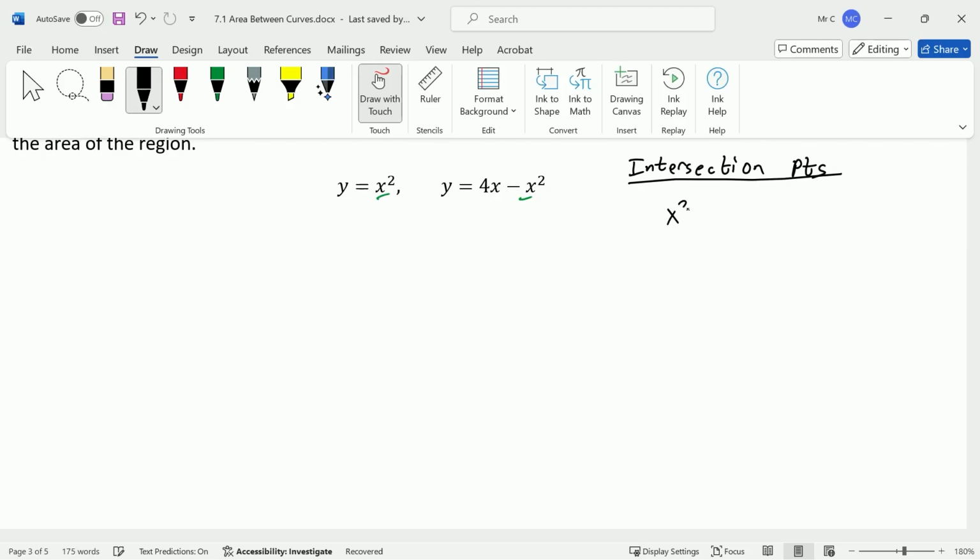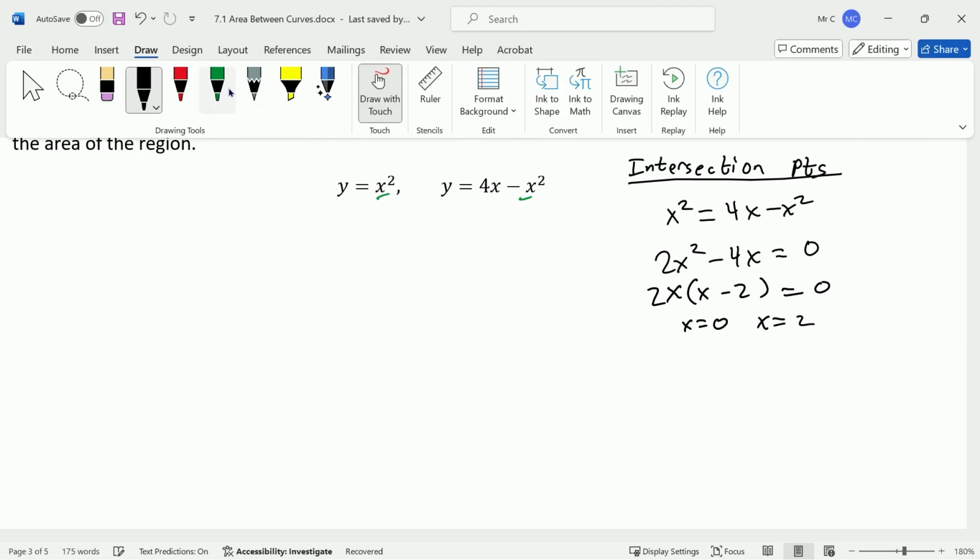So we've got x squared equals 4x minus x squared. So I add the x squared across, I get 2x squared, subtract the 4x. That becomes equal to 0, and I factor out a 2x, and I get left with x minus 2 equals 0. So either x equals 0 or x equals 2.